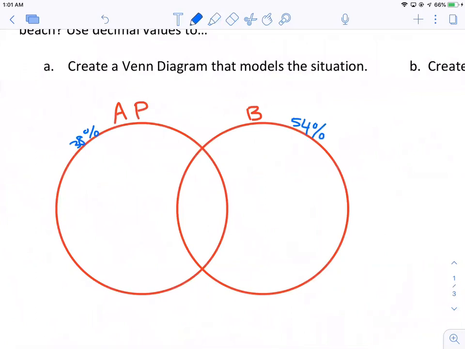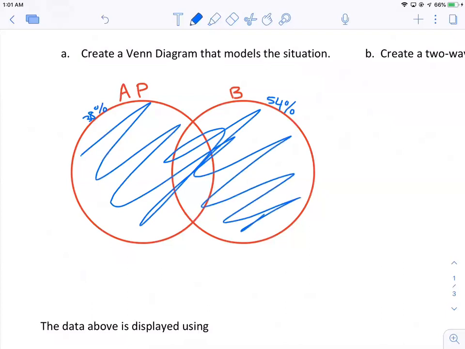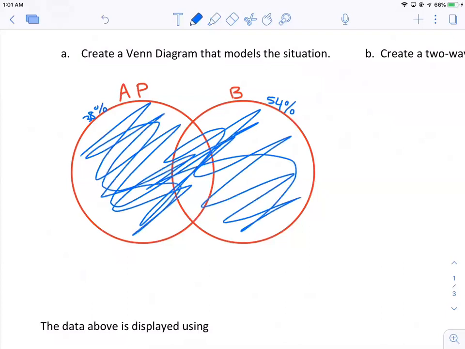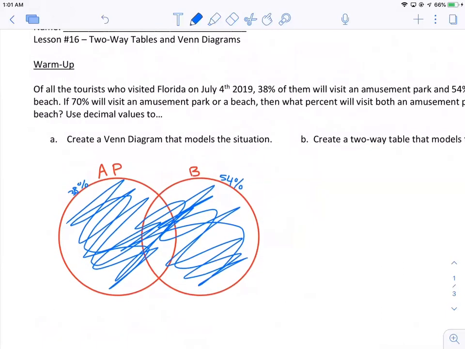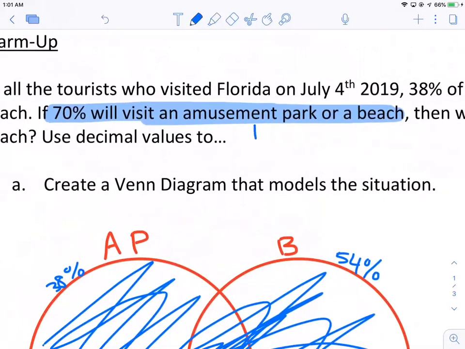All right, so how can I figure out this middle piece now? Well, I know the entire thing, people who visit an amusement park or a beach, right, isn't that going to sum to 70%? Right, because the 70% will visit an amusement park or a beach. Well, I can write that as the probability of amusement park or beach.